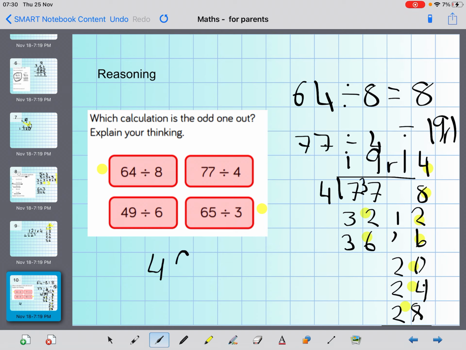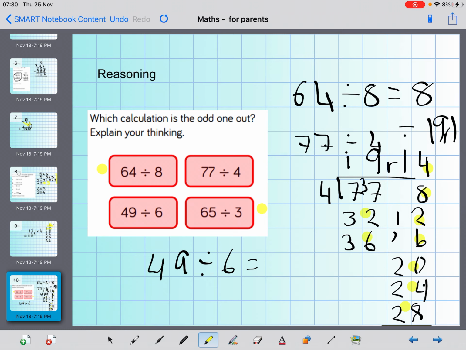They might then do 49 divided by 6. Again, they might get a bit stuck. They might then use their times table chart that they might have. And they would figure out that there's a remainder. And again, with 65 divided by 3, there is a remainder.